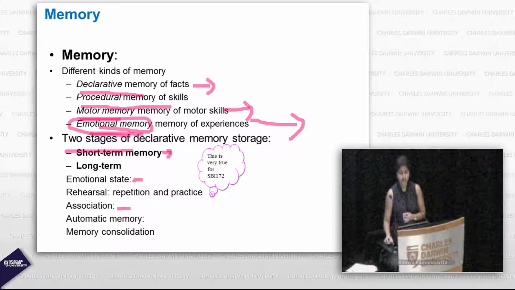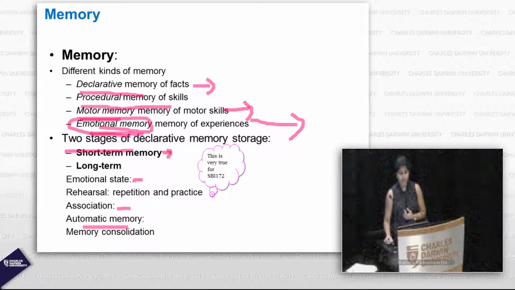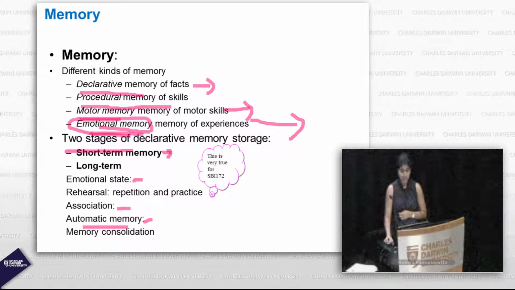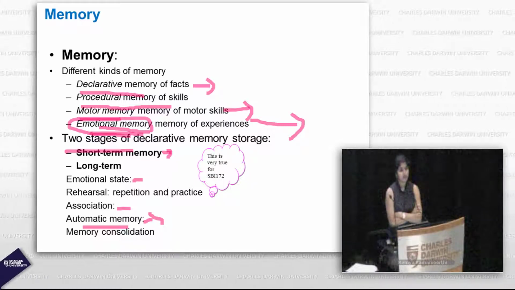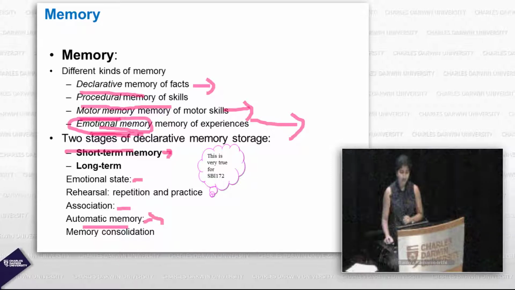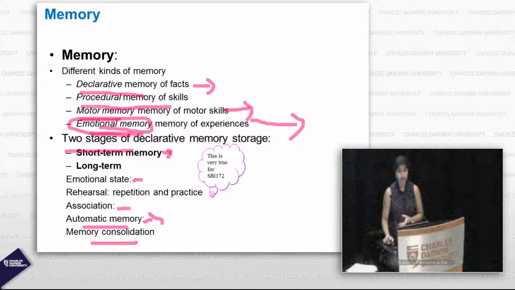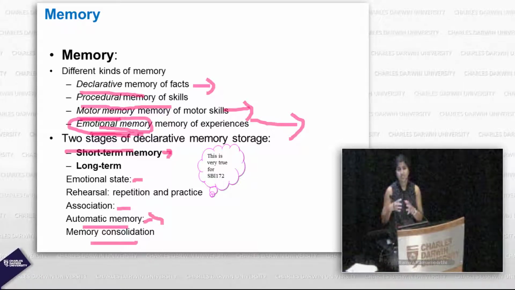Then automatic memory. This again involves your long-term memory process, basically having the capacity to grab knowledge, and memory consolidation. Above all, whatever information has to be transformed into your long-term memory, the information you read or write, has to be consolidated.